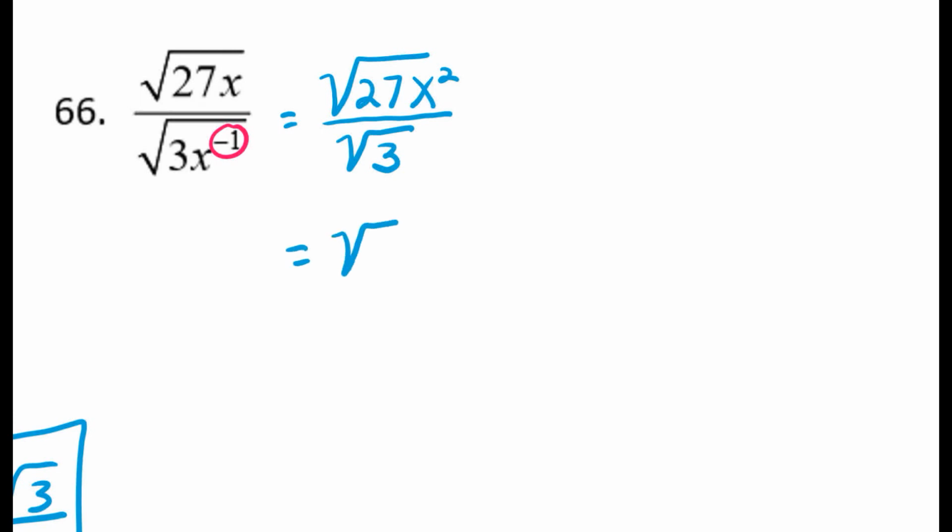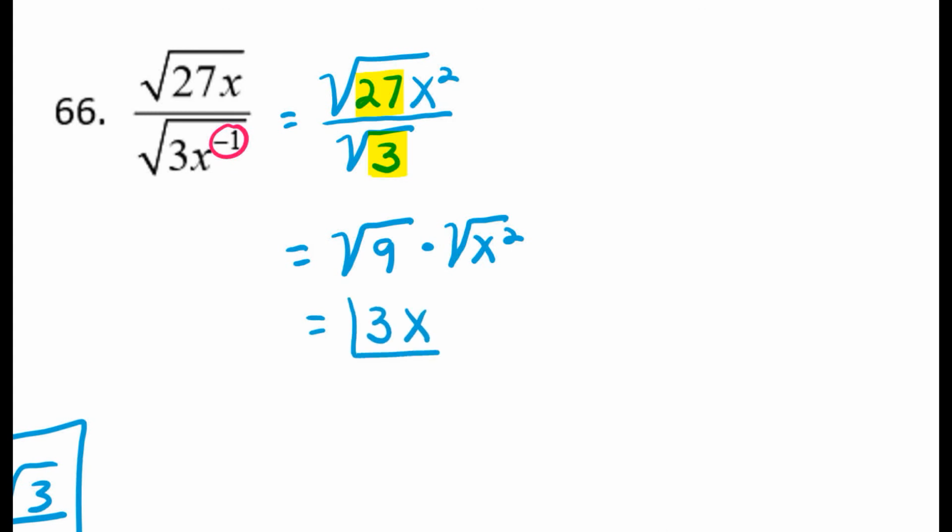And as a reminder, if we wanted to, we could just simplify that 27 over 3 to make that the square root of 9 times the square root of x squared. So what I did here was I simplified 27 over 3 and made that 9, and then I separated it into two radicals, the number portion and the variable portion. And so here we're going to get 3x.